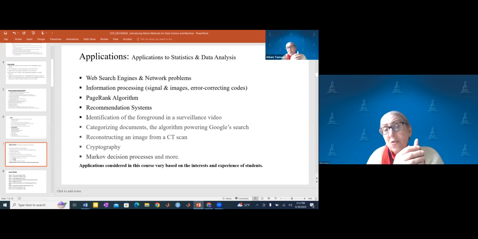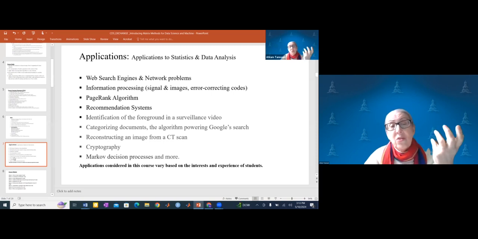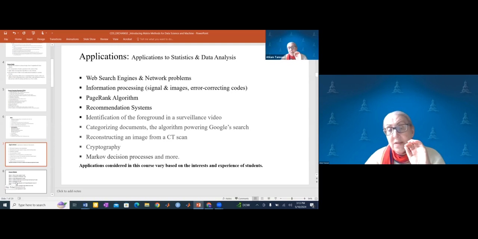So every semester I do have students that come up with something, some of them, because we'll talk about that, health of cities, or crimes in the cities, or data, all kinds of data sets are of interest to the students.